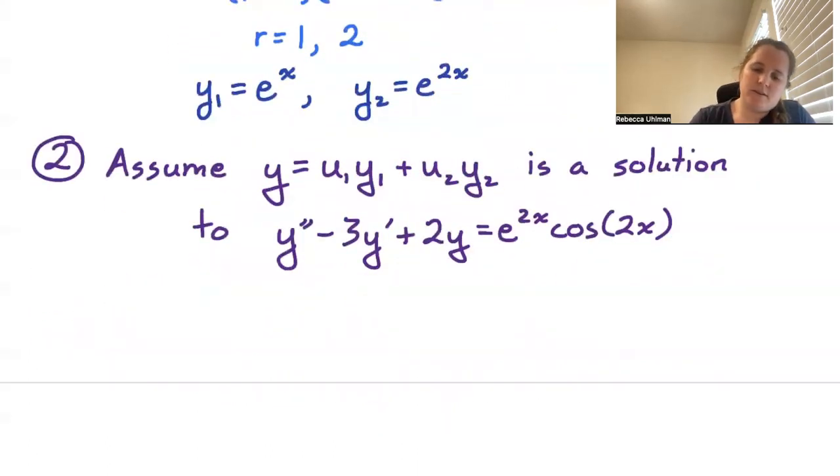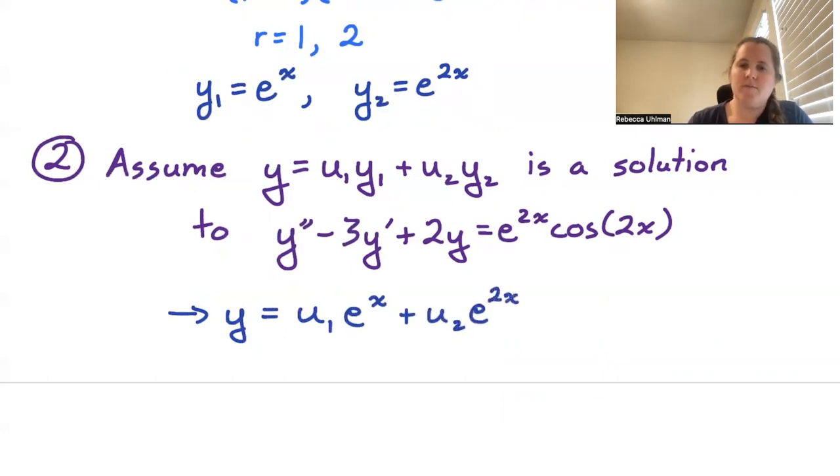So in this case, y = u1 e^x + u2 e^(2x).